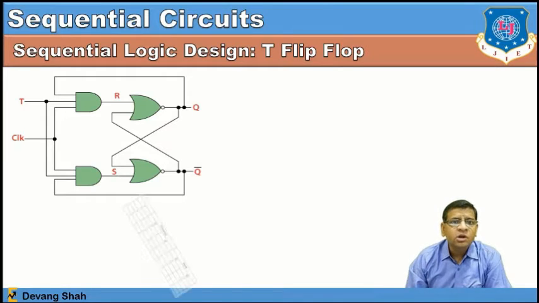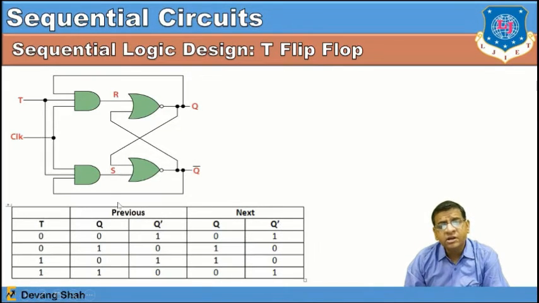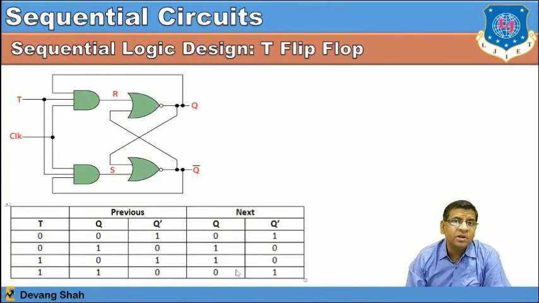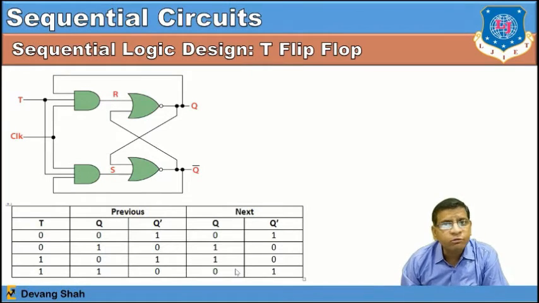That's why it is called the toggle flip-flop. Where T is equal to 0, that means J and K are both 0 0. Your output is 0 and then again 1. This condition we can consider a no-change condition, because previously Q is equal to 0 and Q bar is 1. With the application of T equal to 0, in the next stage there is no change in the data. So this stage is a kind of memory stage, where you can use this T flip-flop to store 1 bit of memory, right?